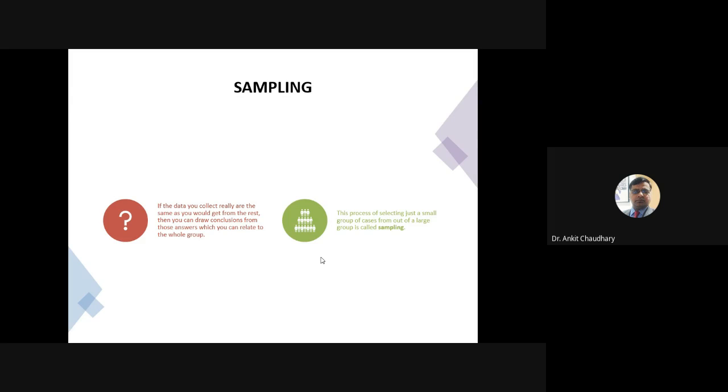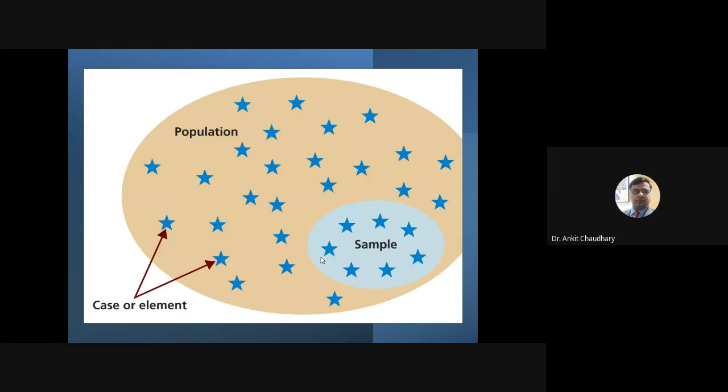In some cases, you have to create data, for example, opinion. You have to go and talk to people and collect the opinion, collect the questionnaire you are giving to the people in the market or in the public domain. So either way, you have to make these decisions in sampling design.